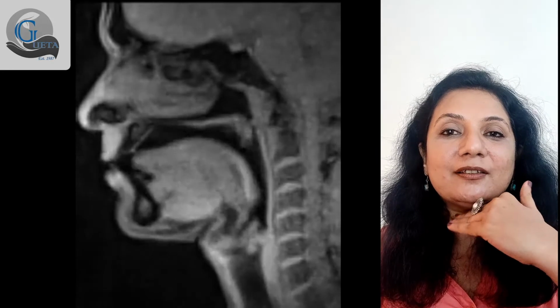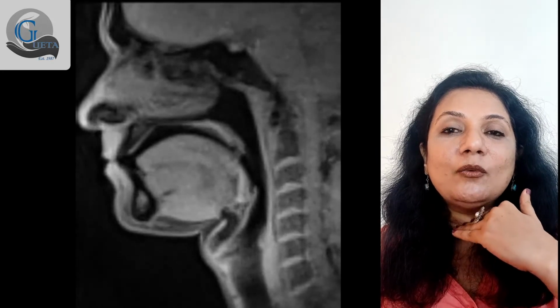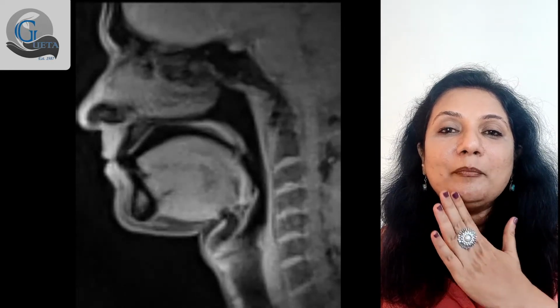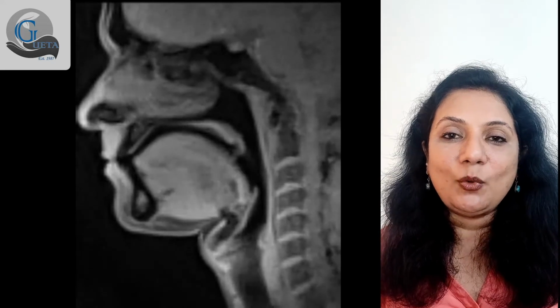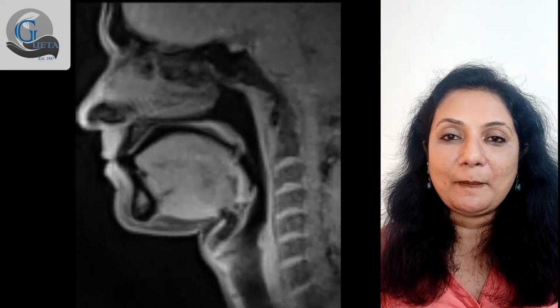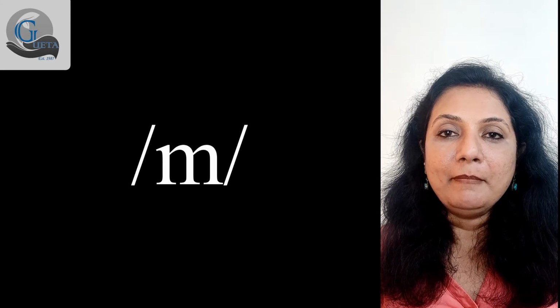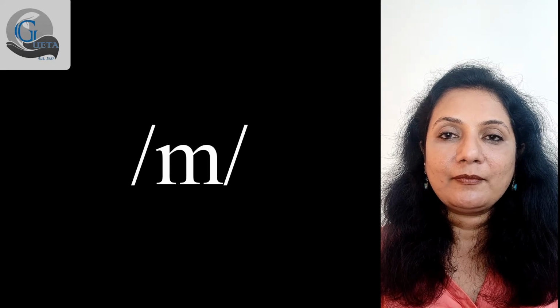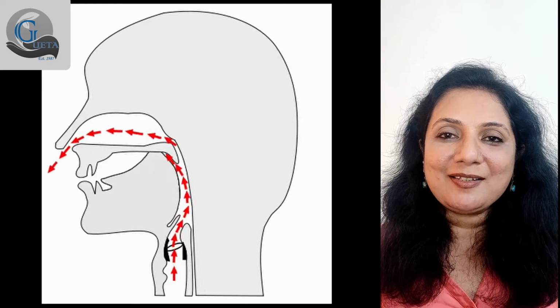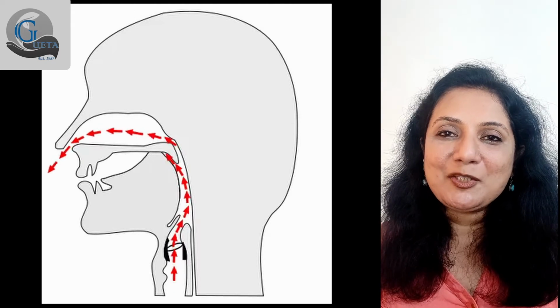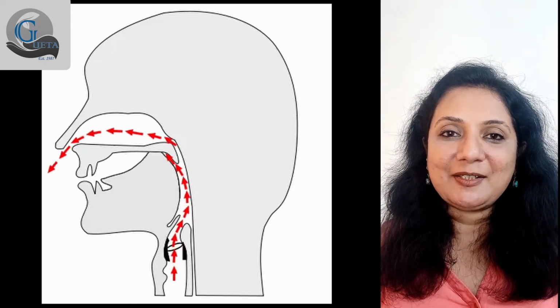It's like a curtain. The curtain is closed here. So where will the air pass through? It will pass through the nose. That is known as nasal sound. M, n, ng. Can you see the air passing through the nose? Try to speak it and you will realize this.